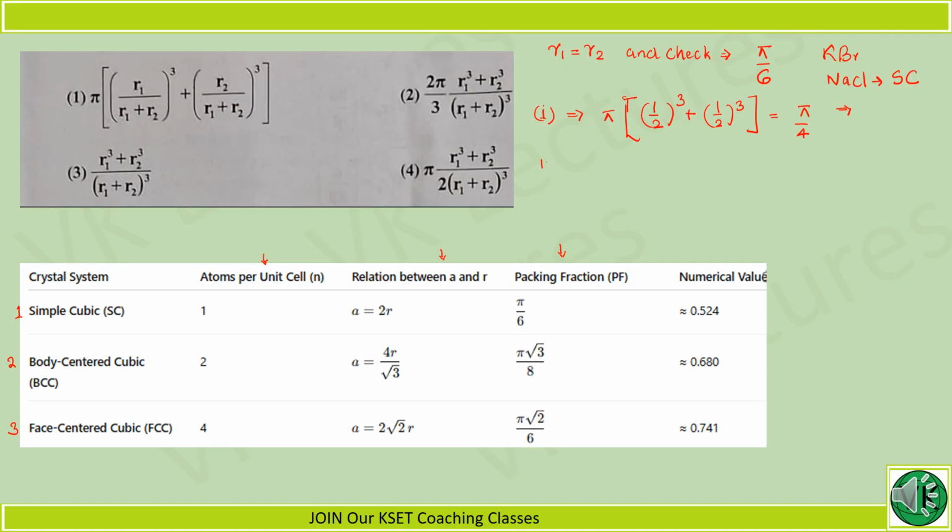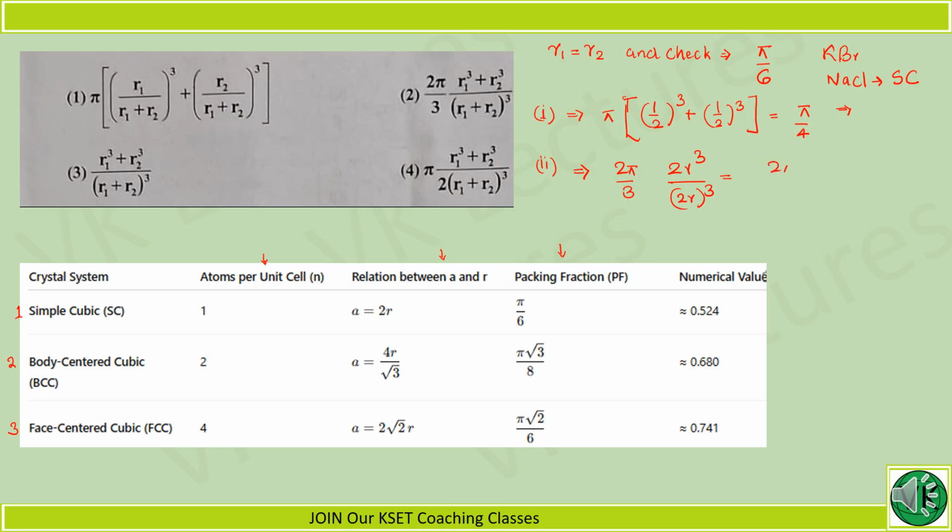Now let us check the second option, 2 pi by 3 R1 cube, that is 2R cube, divided by 2R whole cube.